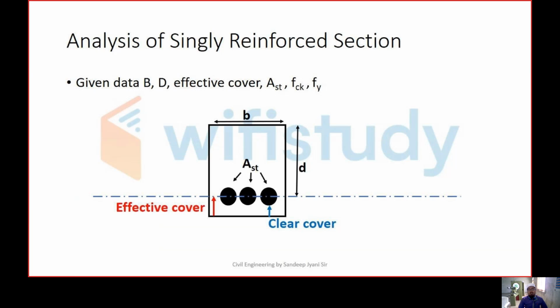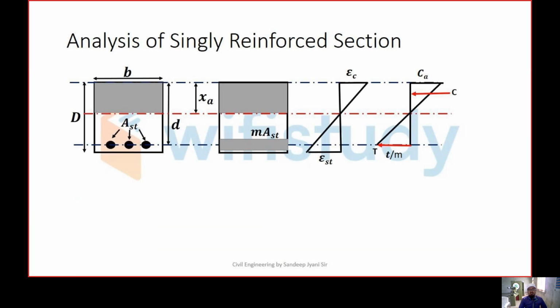I have explained in detail what nominal cover means, what the minimum nominal cover is for various structures like beam, slab, column and footing, what the minimum nominal covers are in various exposure conditions, and what additional cover thickness should be provided when members other than beams are considered. Those are the points I covered in the previous class.